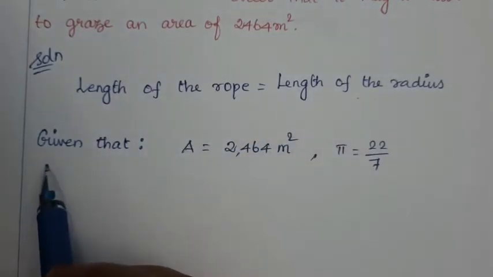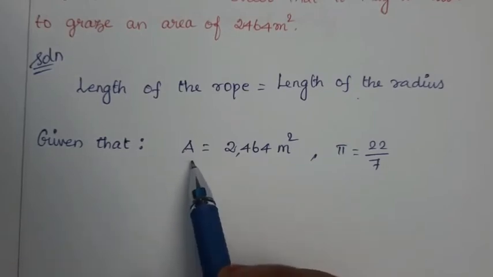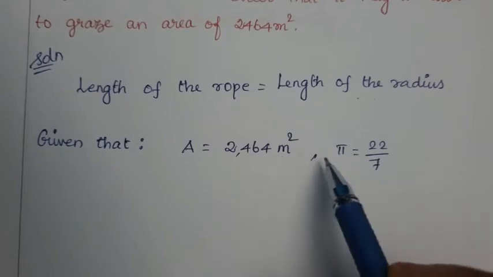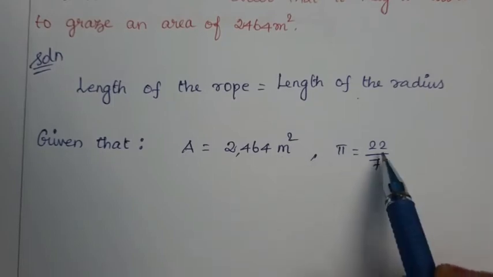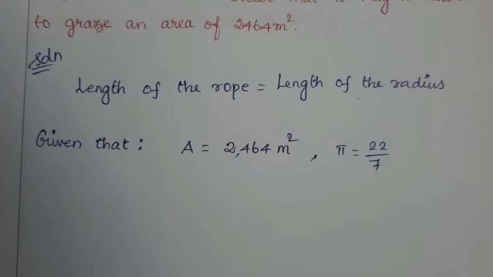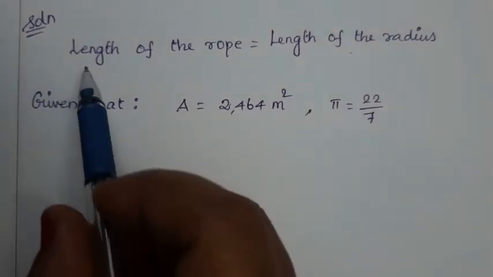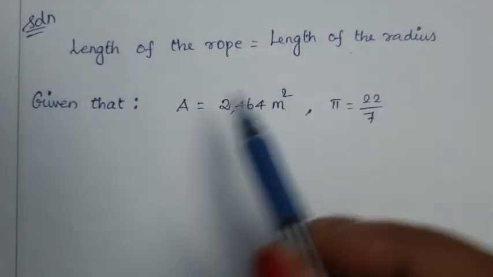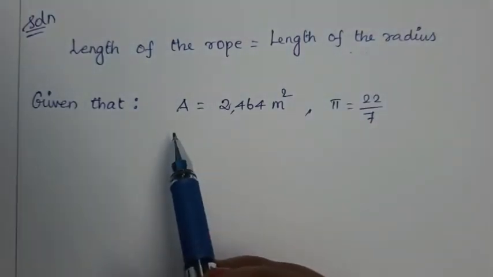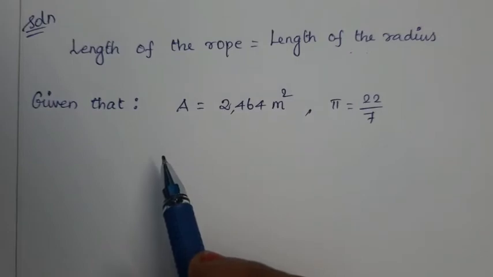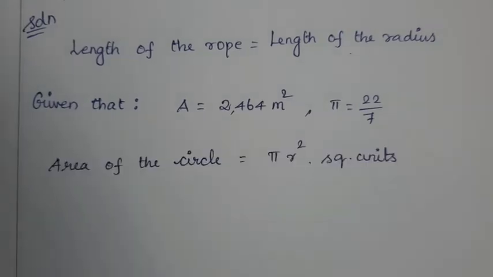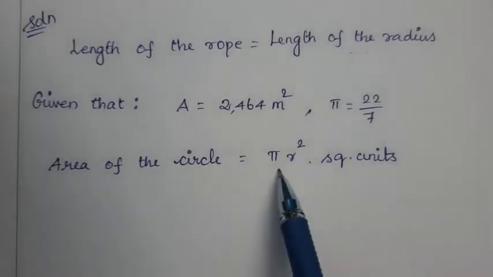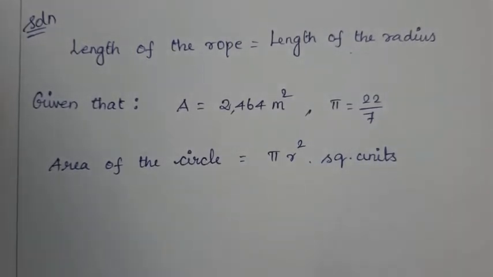Here area A is equal to 2464 meters squared, and the value of pi is equal to 22 by 7. To find the length of the rope, we should find the length of the radius. We are going to find it by using the formula of area of the circle, which is pi r squared square units.